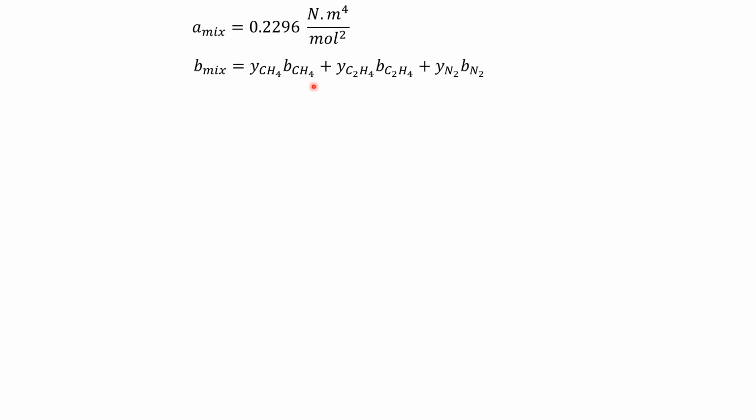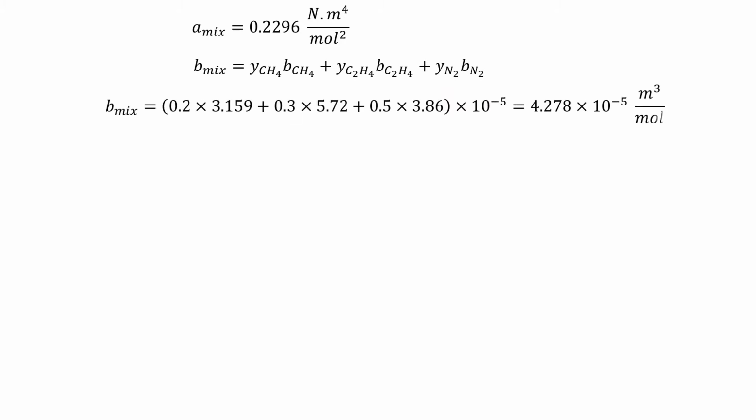All these values are given in the problem. After putting in all values, we will get the value of B for the gas mixture. Now we have estimated the values of the gas constants.